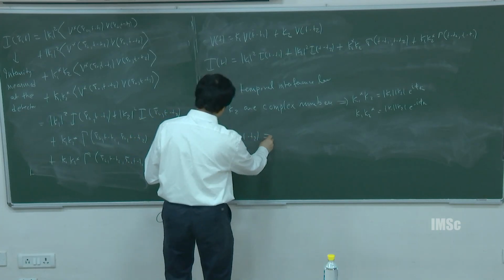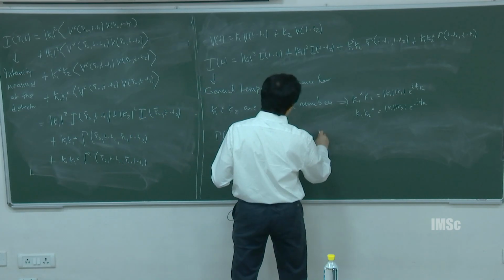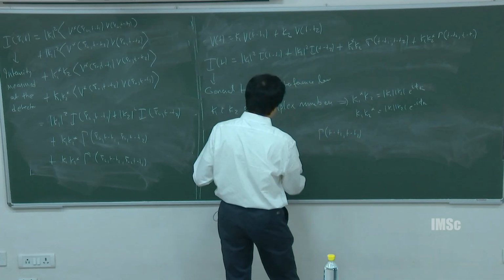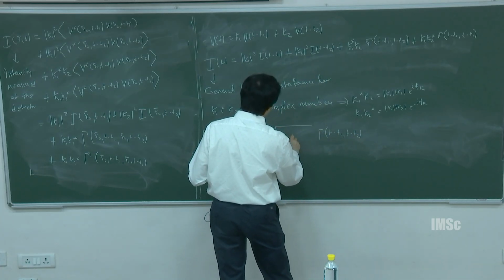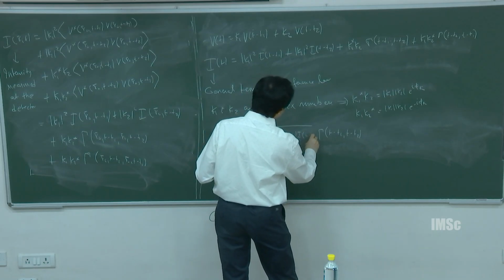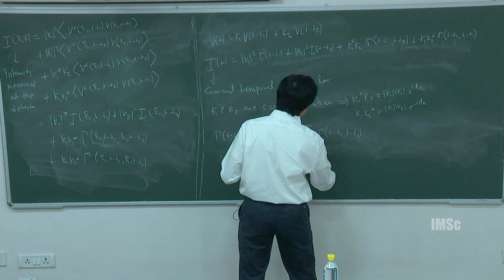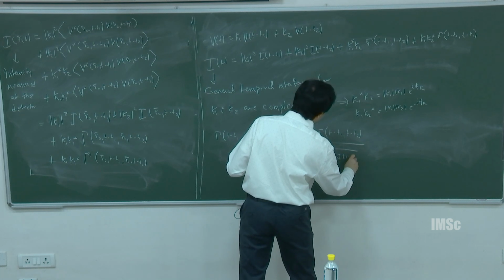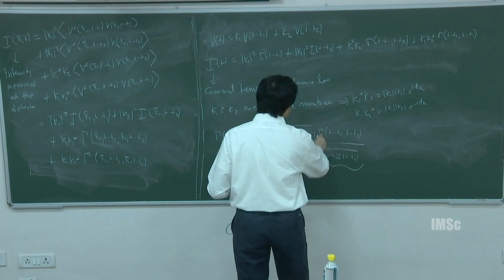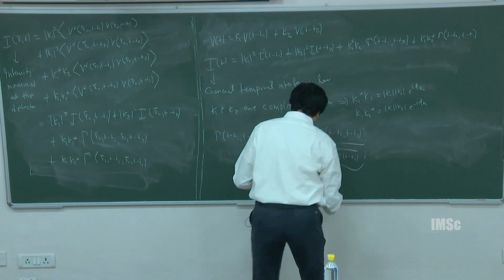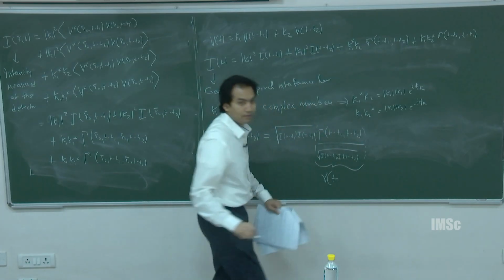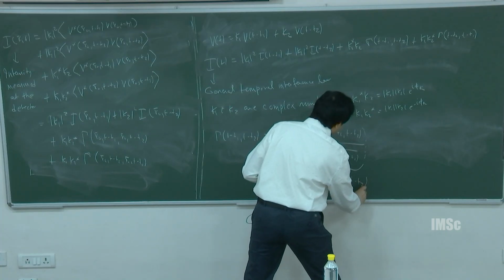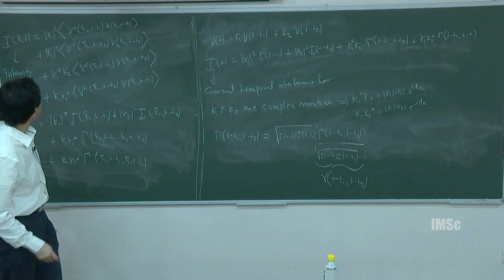And this cross correlation function can be written as it is, but we can always multiply and divide, and now this factor is nothing but the degree of temporal coherence. In general, the complex degree of temporal coherence, to be more precise.